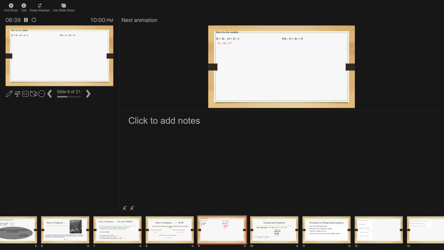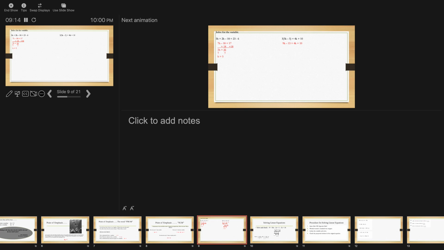Okay, solve for the variable. Go ahead with the stop and start. Okay, so for the first one, on the same side, it's 7h minus 18 is 23 minus 6 is 17. Adding 18 to both sides. 7h is 35. Dividing, and I get h is 5. To me, that should be a question with which you are extremely comfortable by this point in time. Might have been a while since we started them a couple of lessons ago, but by now you should look at that and say, please give me your final exam, all questions like that.